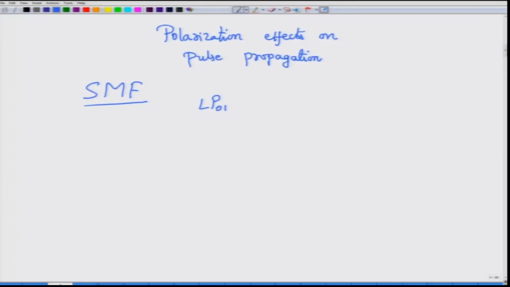And we know that in the weakly guided approximation, the single mode fiber supports the fundamental mode, which is called the LP01 mode, which of course is the same as the HE11 mode.